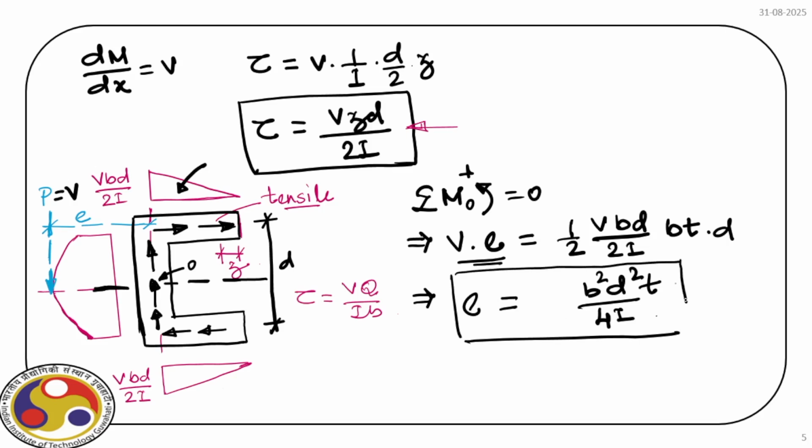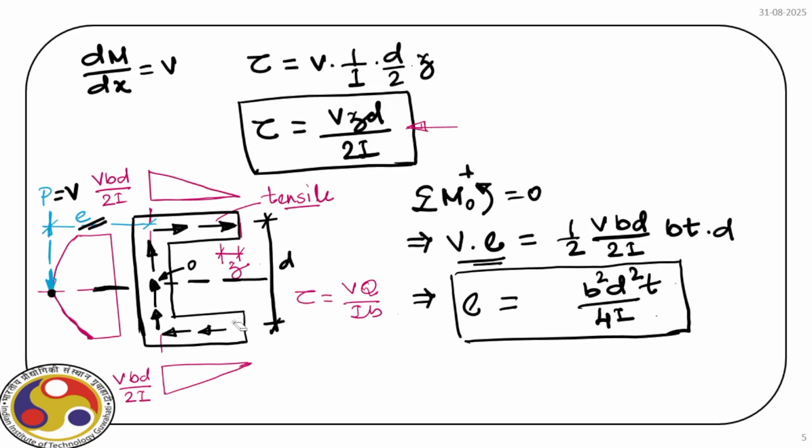What is the meaning of it? The meaning is, if the shear force is applied at this point, which is at a distance E from the center line of the web, then that will cause a rotation which will counterbalance the rotation caused by the shear stresses in the two flanges, right?